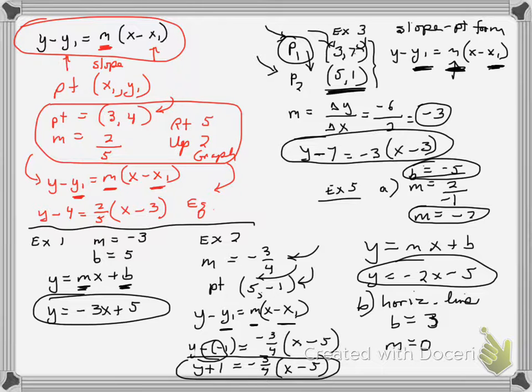And so my answer would be y equals mx plus b. I'd plug in for m, which is 0. 0 times x is 0, and y equals 3. Let's go to the next page.